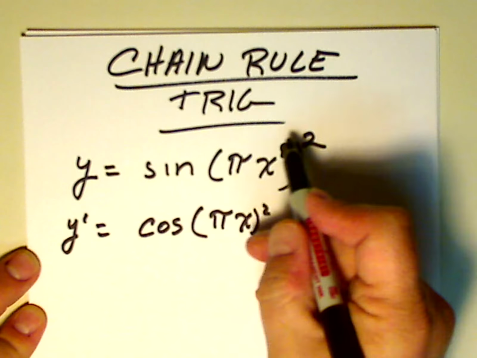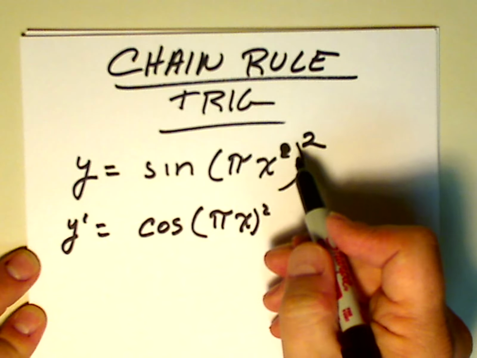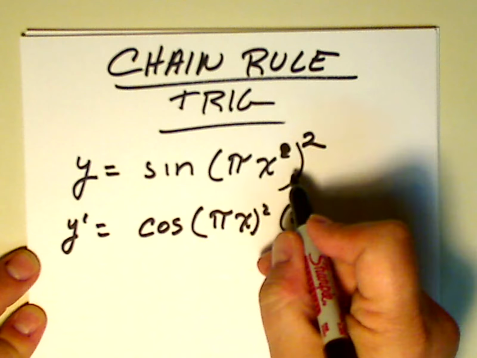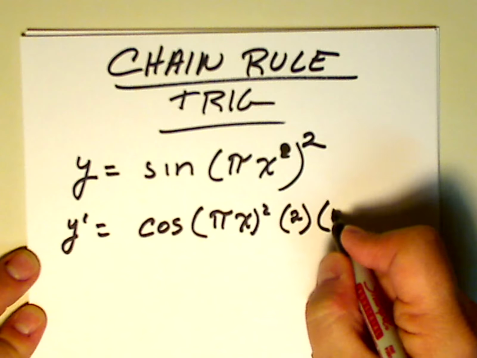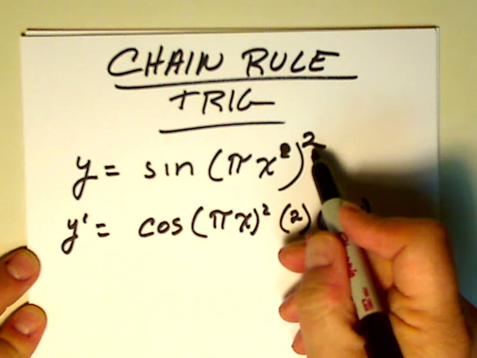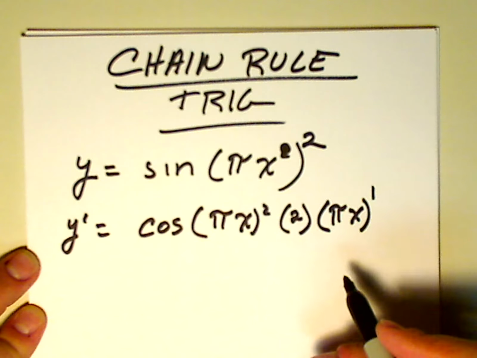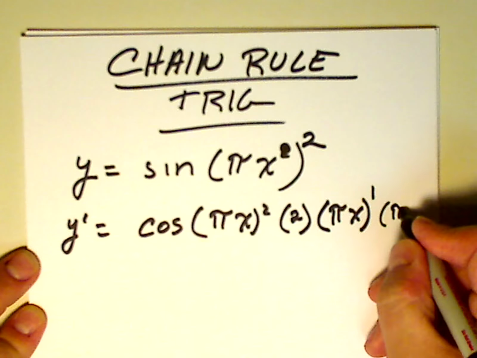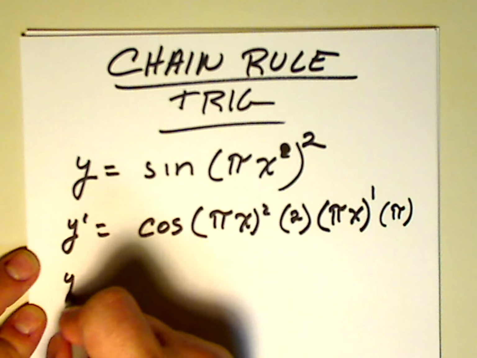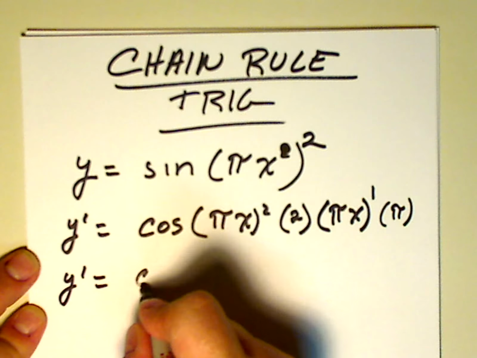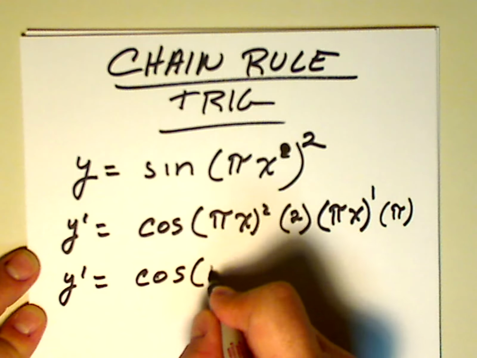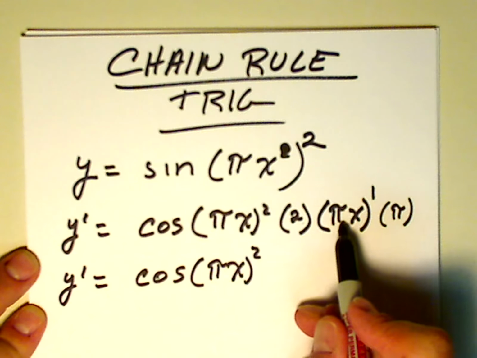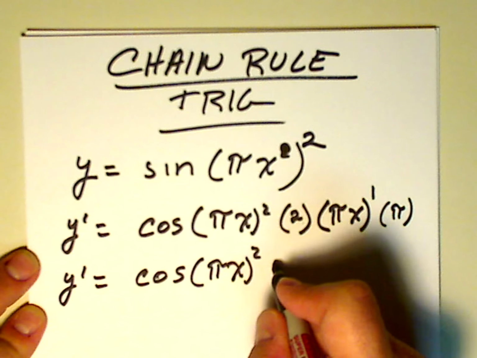This is a chain rule problem, so it's 2 times pi x to the 1, right? 2 minus 1 is 1, times the derivative of pi x, which is pi. So y prime is equal to cosine pi x squared times 2 pi squared x.